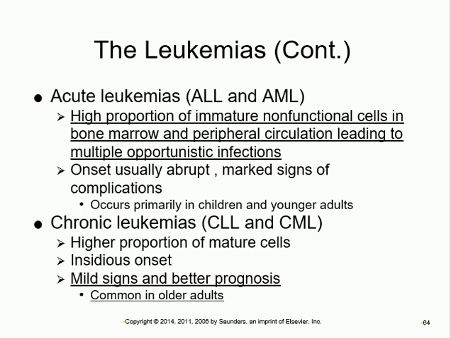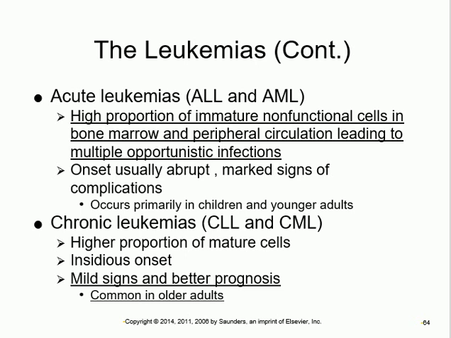At the same time, the bone marrow leaves everything else and is exhausting itself, overworking to make more and more white blood cells. So does it have the time to make the red blood cells and the thrombocytes? No. So you will have a lack of all of them. You will have anemia, you will have thrombocytopenia, and even though you have a huge number of white blood cells, they're cancerous.